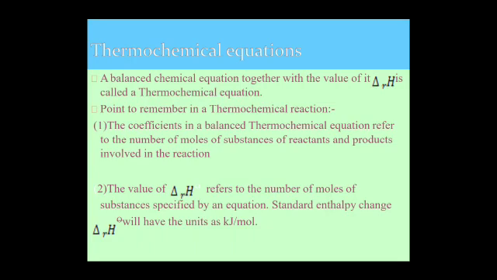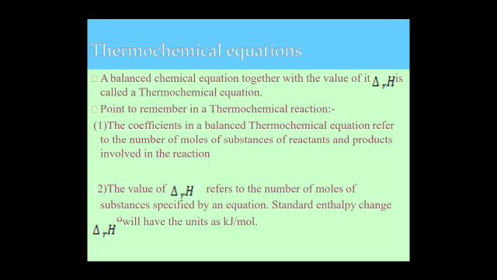The coefficients of the substances in the chemical equation indicate the number of moles of each substance involved in the reaction, and the delta H value given corresponds to those quantities of material. For indicating the physical state of each substance in a chemical equation, designations such as gas, solid, liquid and aqueous are given along with the chemical formula of reactants and products.